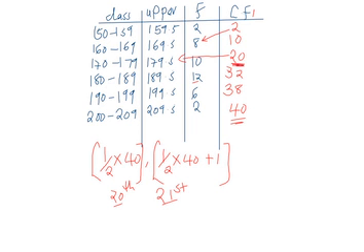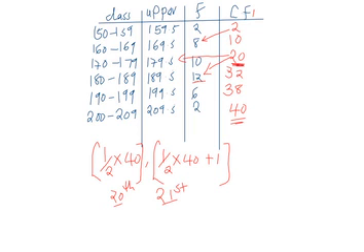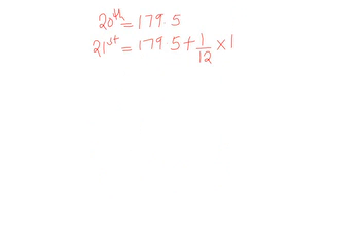From the 20th to the 21st we need 1, and that one will be picked from a group of 12. So we'll have plus 1 divided by 12 multiplied by the class width, and the class width is the upper class boundary minus the lower class boundary, which is 10.